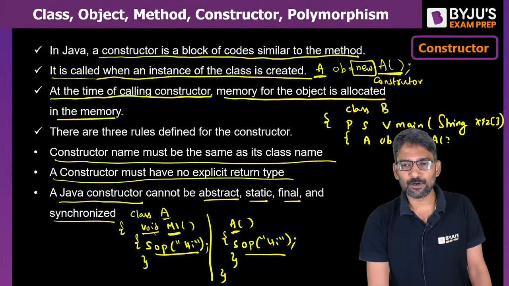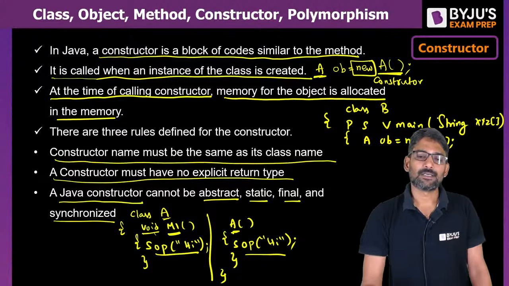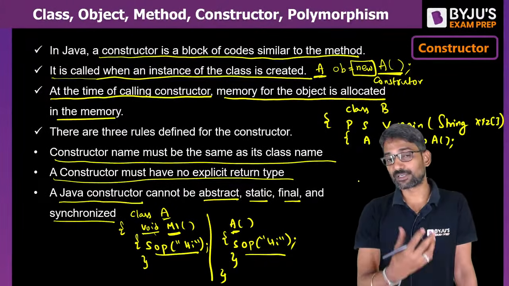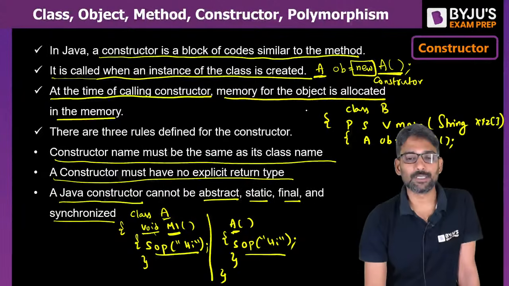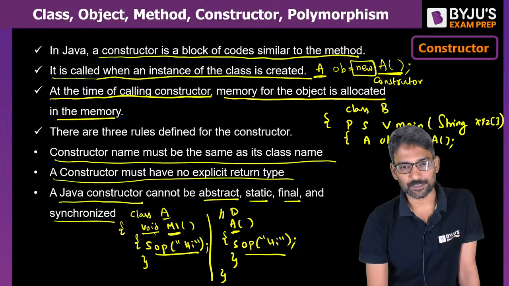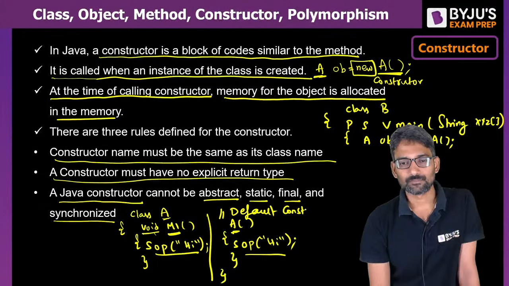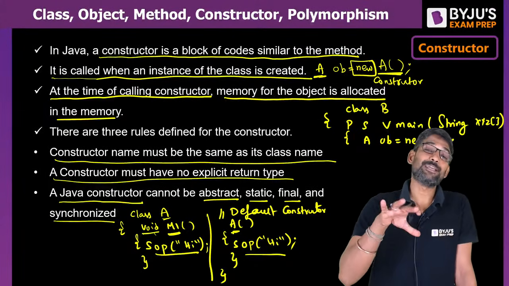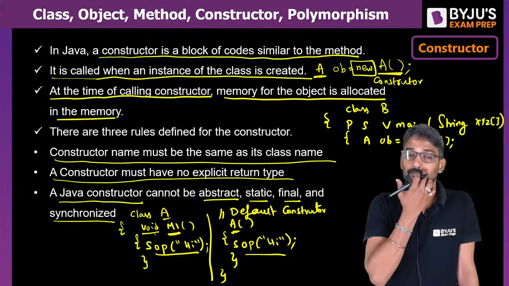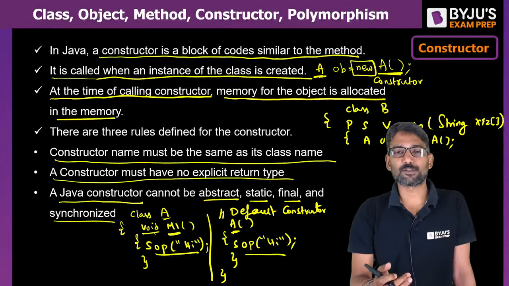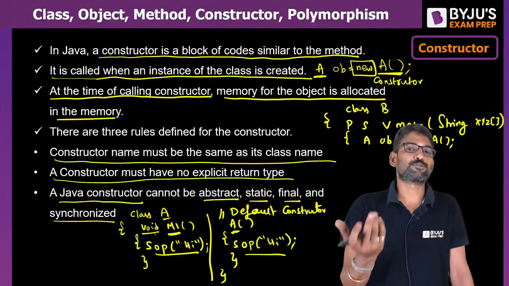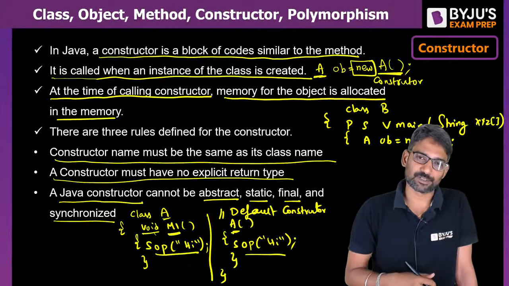So at the time of creating an object, by default a constructor is invoked. This is called the default constructor, without parameters. There are no parameters. And you can have parameters also in the constructor, like how a method has parameters. That is called a parameterized constructor.